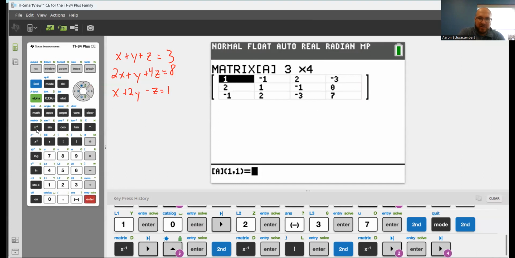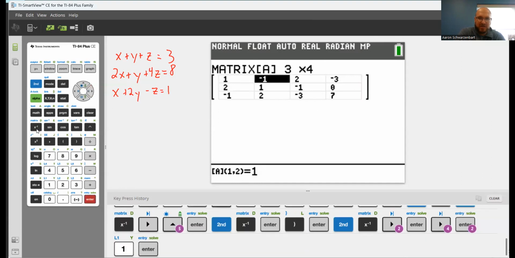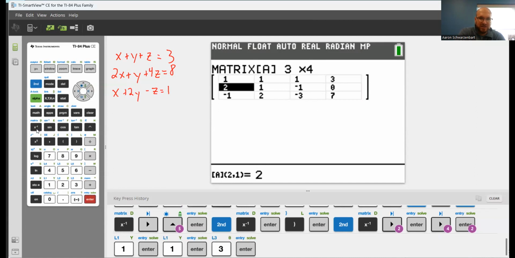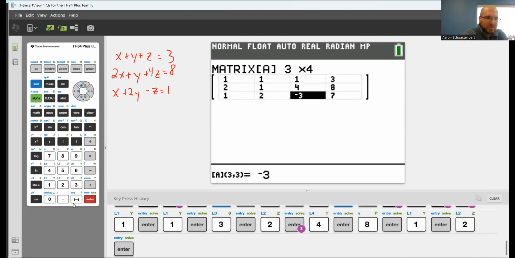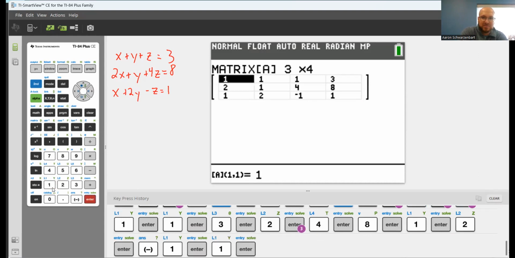Sometimes I have to hit enter twice if I'm not changing the value. Okay, there I've got my new matrix.